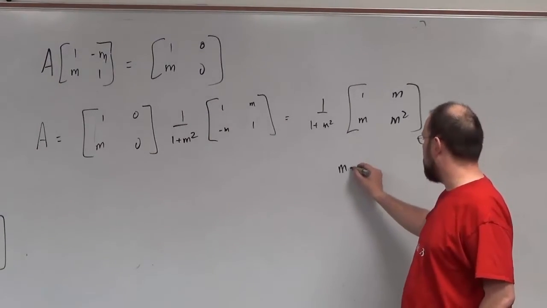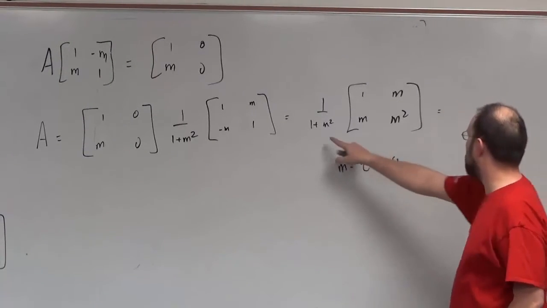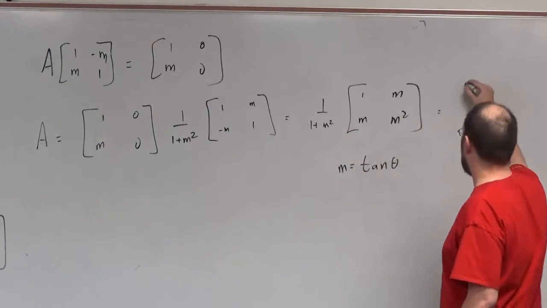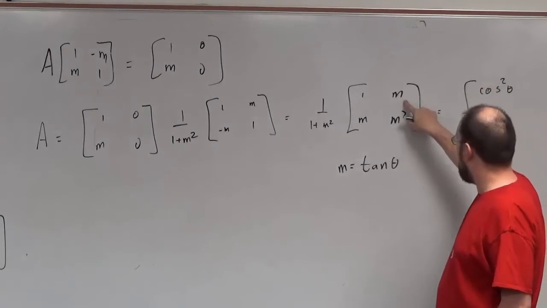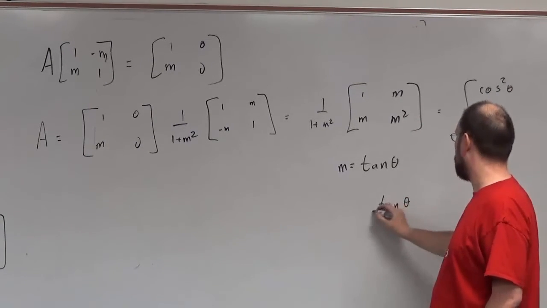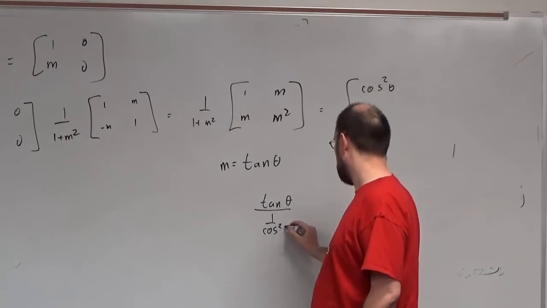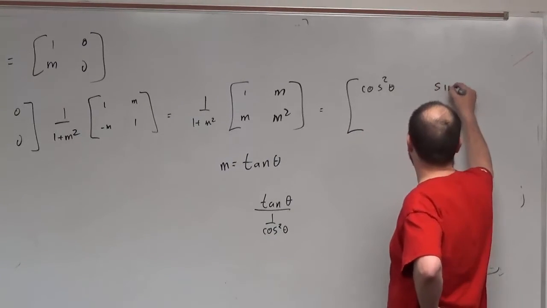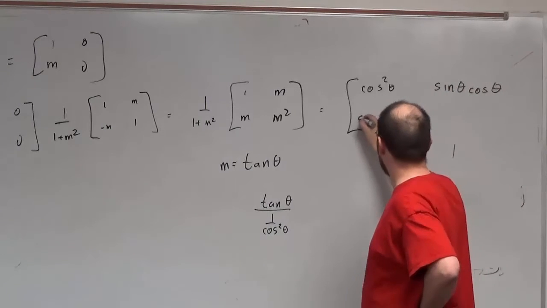Again, we know the slope is tangent theta. So 1 plus tangent squared is secant squared, so that's going to be cosine squared. Then we have tangent divided by secant squared, so sine, cosine, sine, cosine.